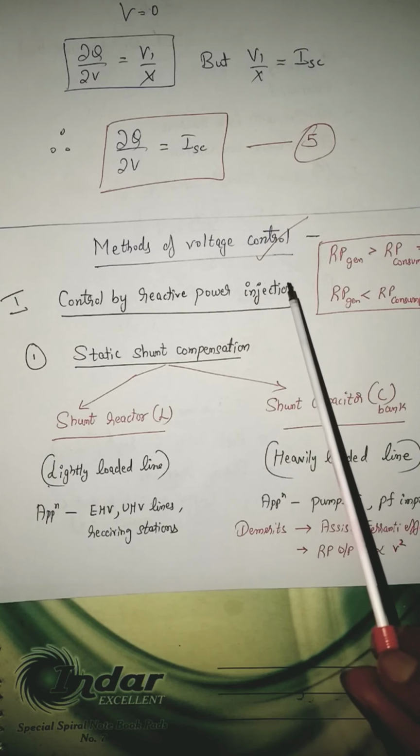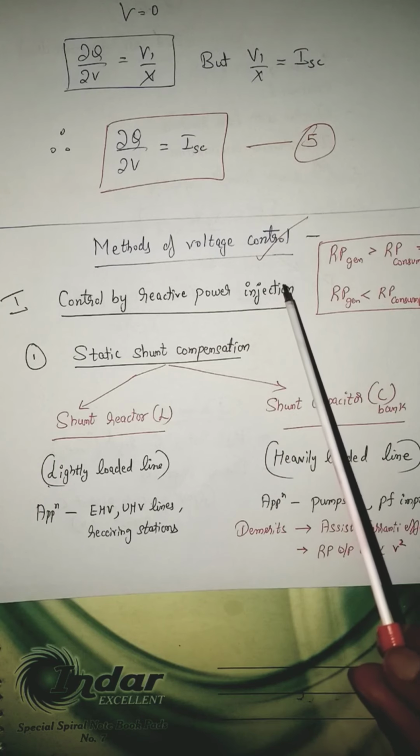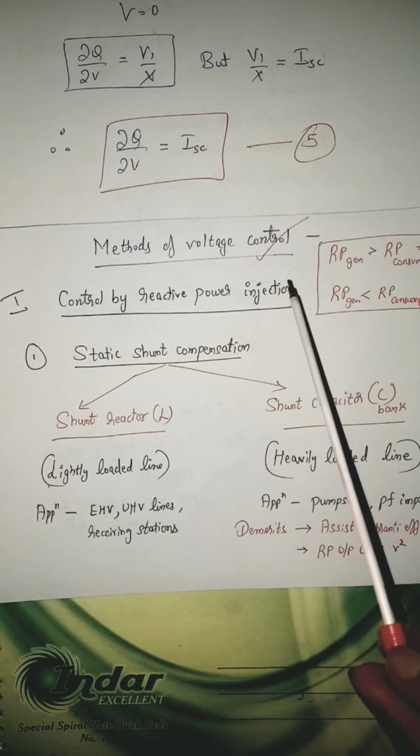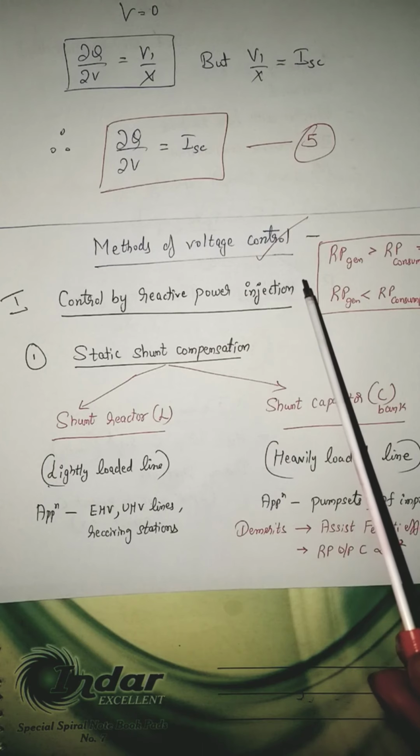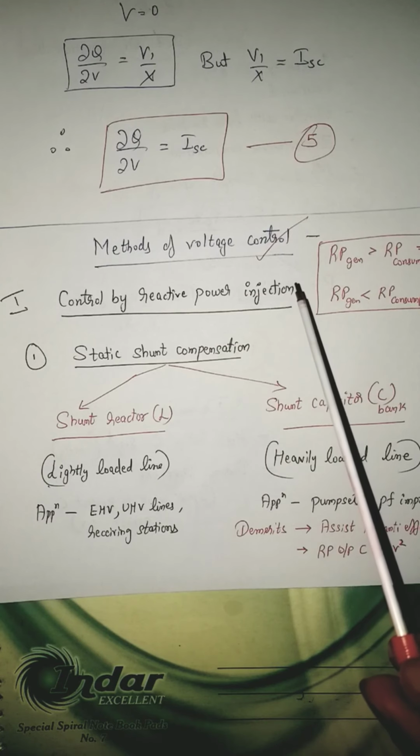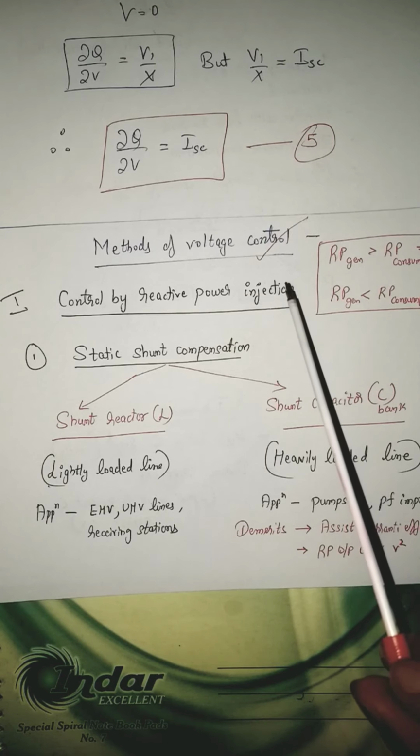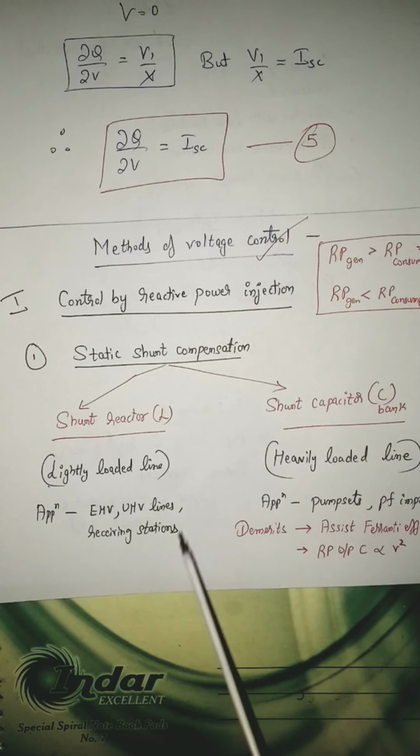Due to some fault or due to some imbalance in the system, reactive power imbalance, either voltage would have exceeded the nominal value or it would have decreased below the nominal value. Your intention is to bring it back to the nominal value. So for that you need to vary the voltage. So for varying that voltage, to bring it into control, you have the following methods.